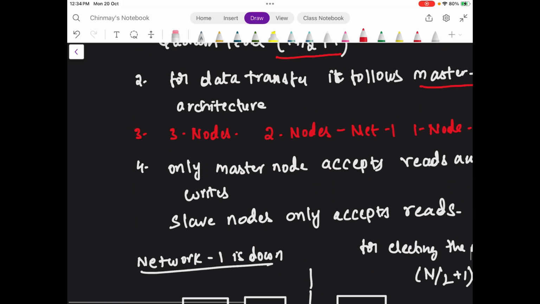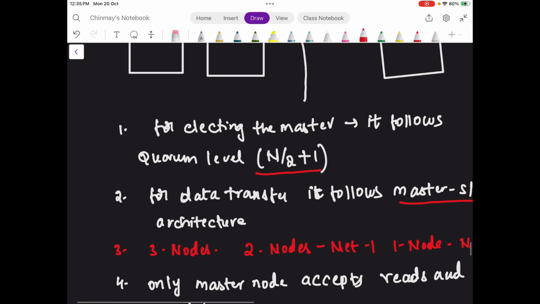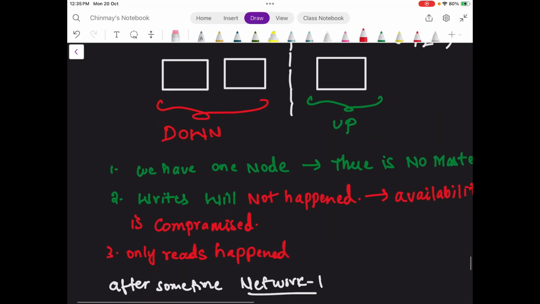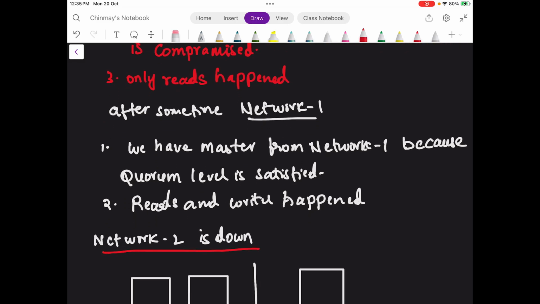This is how the CAP theorem applies. For Elasticsearch, the beauty is that it follows both architectures, n by 2 plus 1 and also master-slave. So based on the cluster arrangement, in one case availability is compromised, in one case consistency is compromised. I hope there is no confusion in the Elasticsearch architecture.